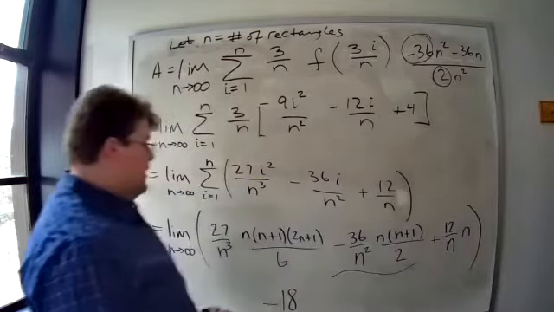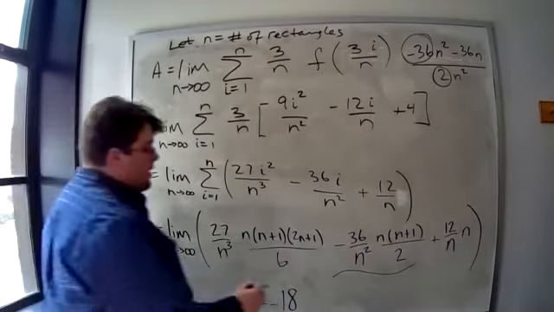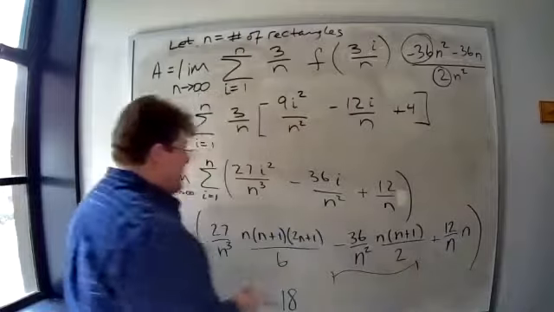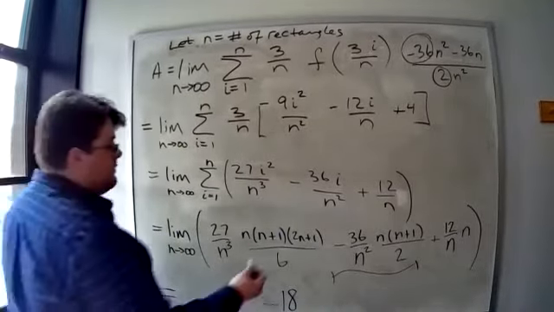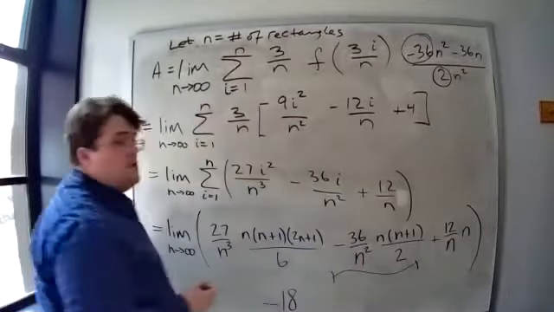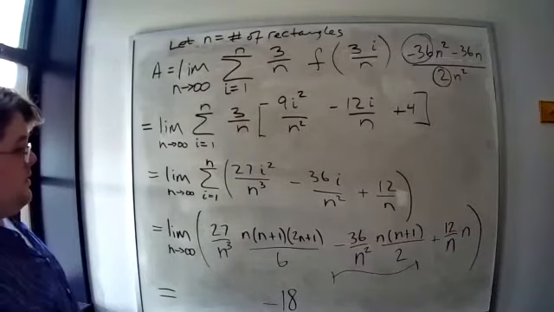Negative 18. So that middle piece right here, as n goes to infinity, equals negative 18. Negative 36 over 2. Any questions about that middle piece?